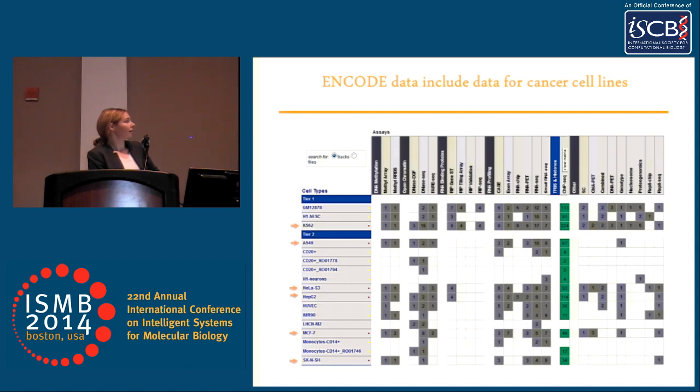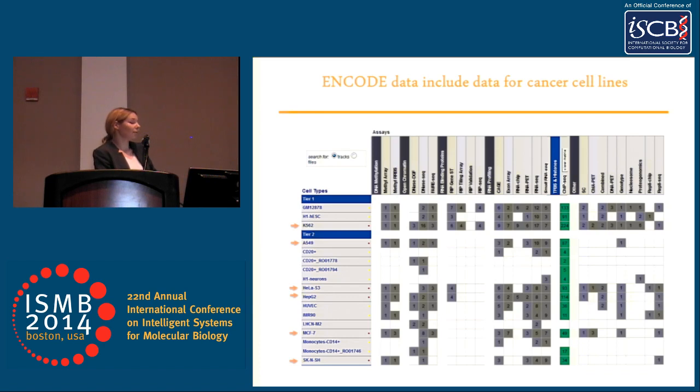Tier 1 means that lots of experiments were done for these 3 cell lines: many ChIP-seqs for transcription factors and histones, but also RNA-seq, DNase hypersensitivity sites, many different experiments. And also we have tier 2, for which many of these experiments were done. And among them, you see there are 6 cancer cell lines.